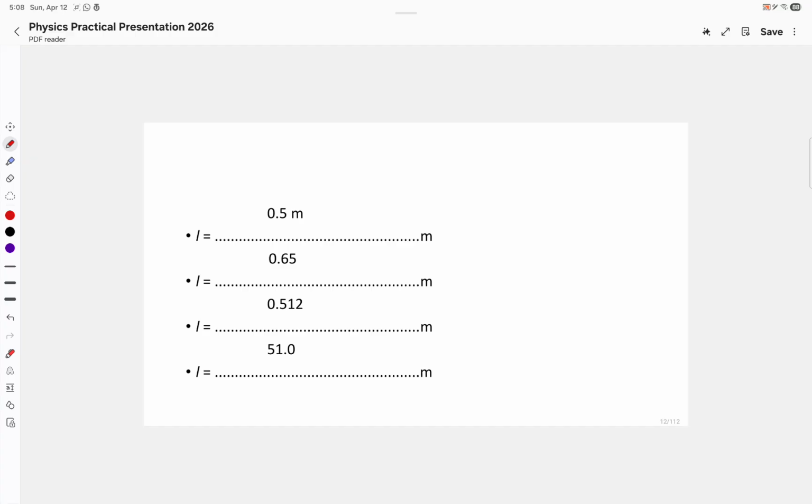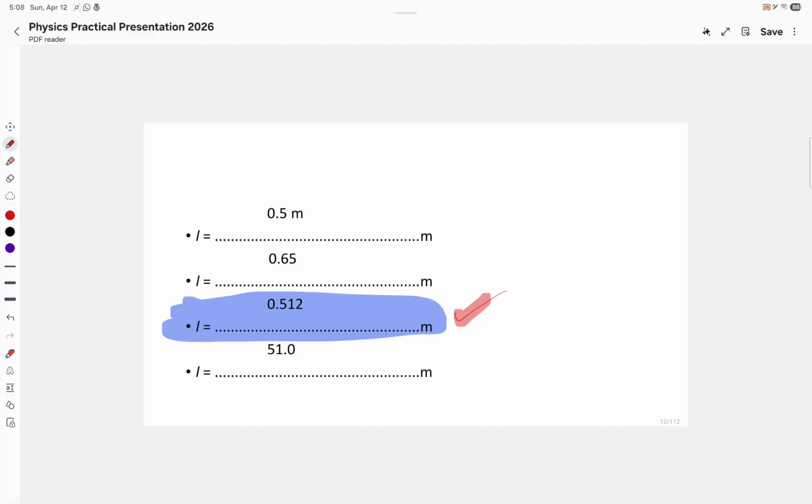So can anyone guess which one is correctly written for the value of L? Let me highlight it for you. This is the only option written in the proper way to give full credit to a candidate for this particular mark.